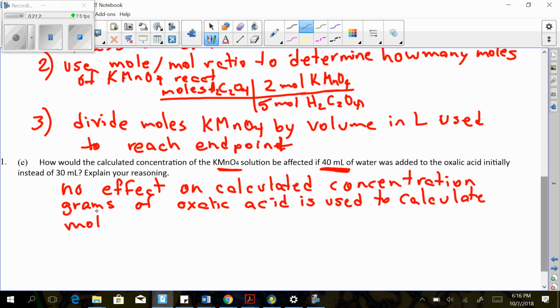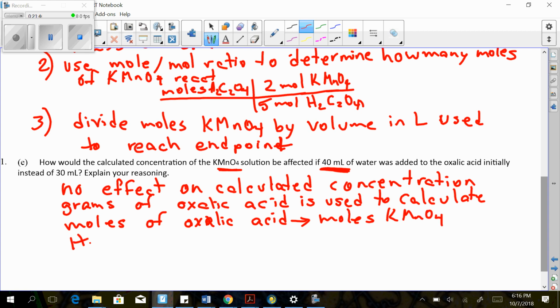So in other words, the grams of oxalic acid is used to calculate the moles of oxalic acid, and therefore also the moles of potassium permanganate.